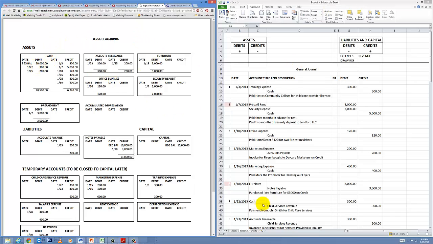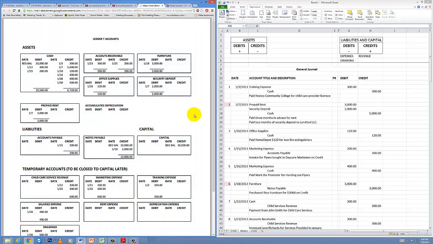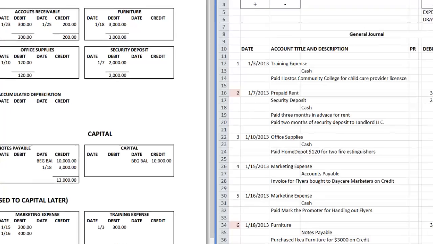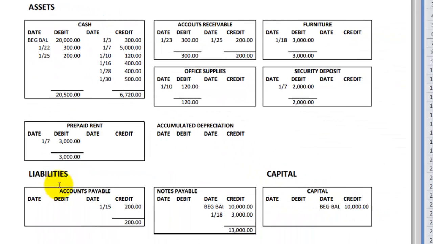The first thing you're going to do with any ledger account or T account is put the title of the account on the top. You're going to put the date, debit, date, credit here, and also be aware that if it's an asset, the beginning balance is always going to be on the debit side. If it's a liability or capital, the beginning balance is going to be on the credit side.